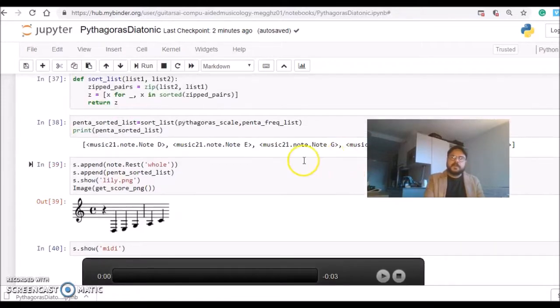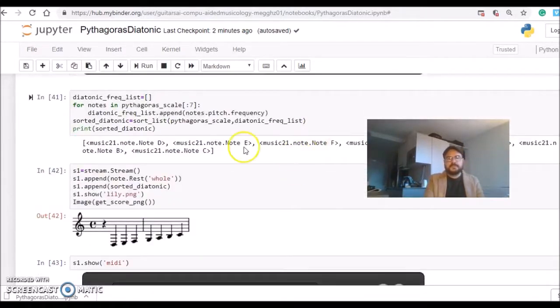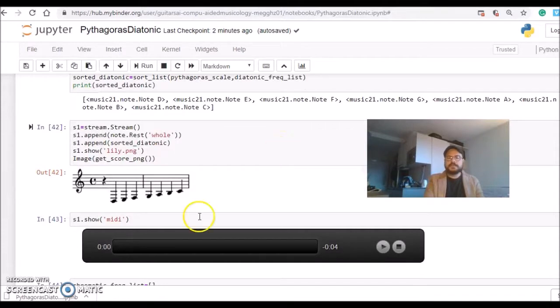If you keep it going, not only the 5, but if you take 7 notes, we end up with the Dorian mode, which is the diatonic scale, the major scale, but starting on D. So already here we see that this is the basis of diatonic Western music. This is what we use until today.